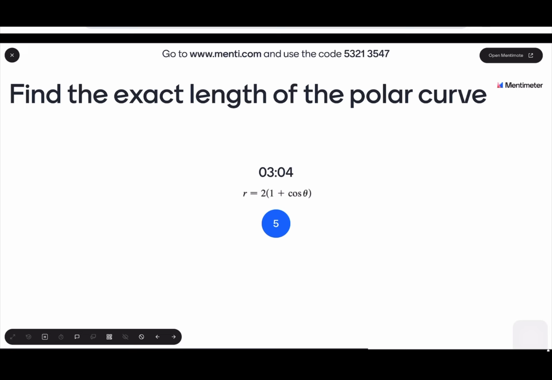It should be r squared plus dr/d theta squared, and then take the square root, right? And you will have a quadratic equation.